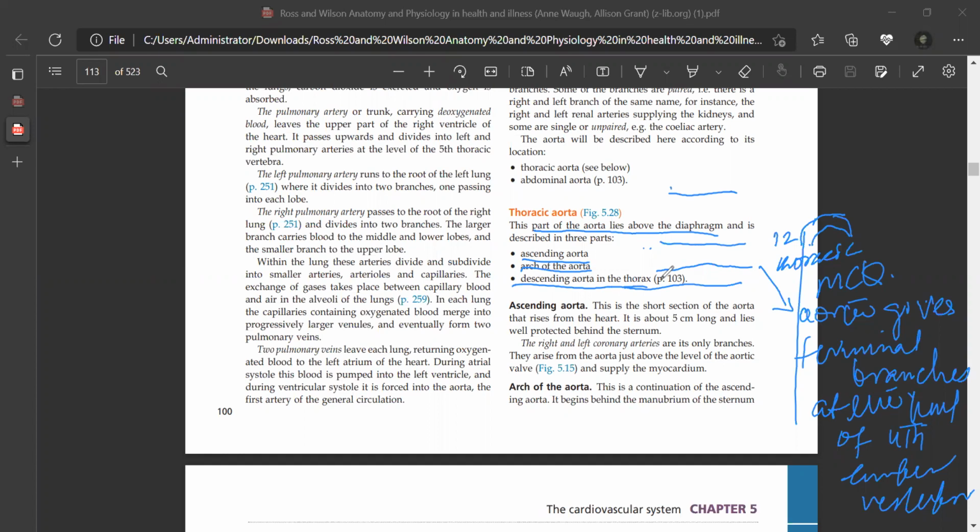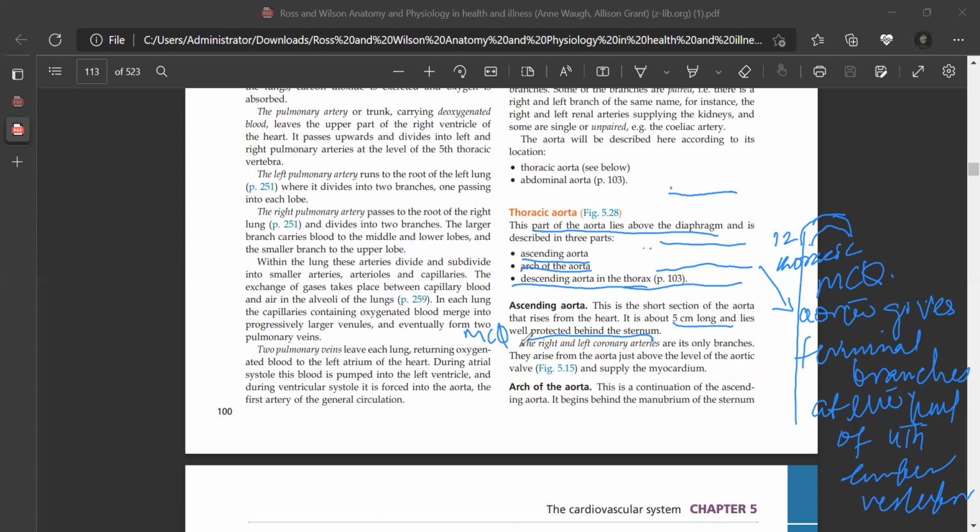Now, the ascending aorta is the short section of the aorta that arises from the heart. It is about 5 centimeters long and lies well protected behind the sternum, which is again an MCQ question. The right and left coronary arteries are its only branches.